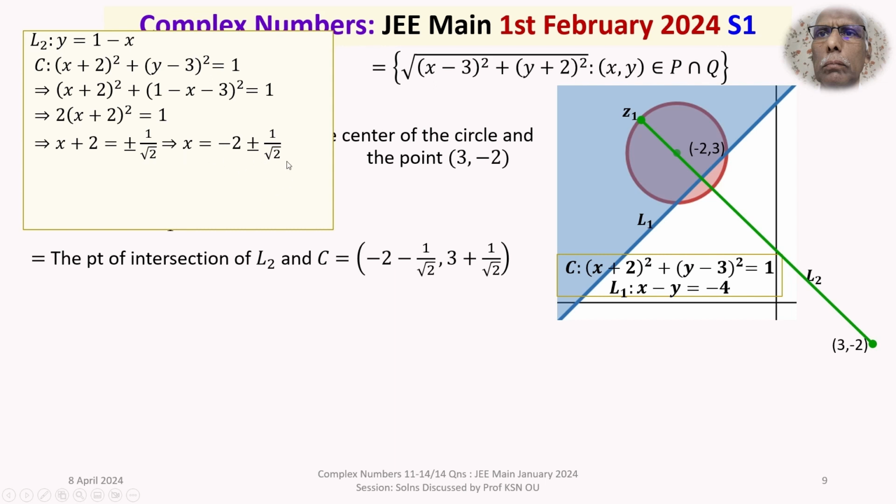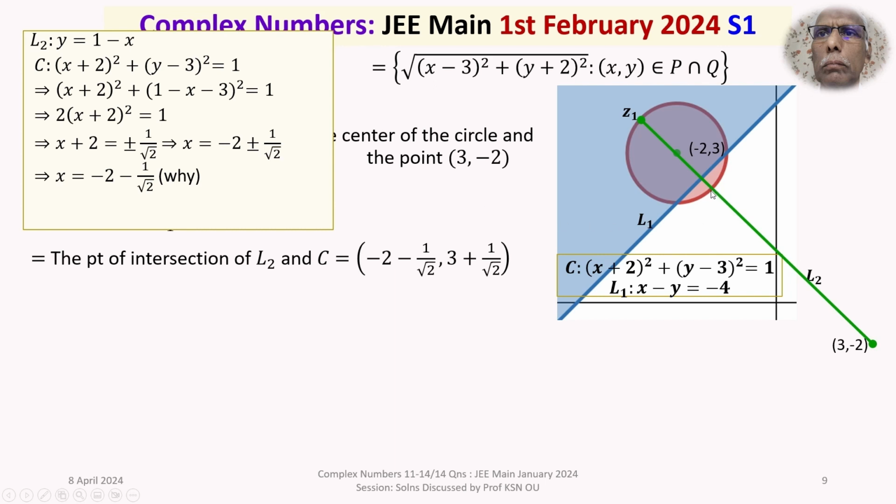So these are the x coordinates of this point and this point. And the x coordinate of Z1 is minus 2 minus 1 by root 2. I have asked you why. Because minus 2 minus 1 by root 2 is away from the y-axis, and minus 2 plus 1 by root 2 is nearer to the y-axis.